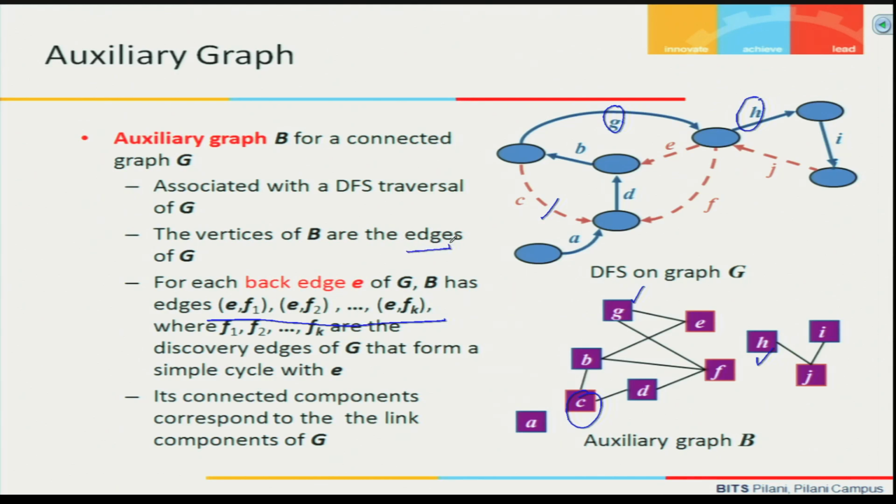Now, for each back edge, you look at all the back edges of your graph. So, in this case the back edges are here, correct. So, the back edges are, let us mark them, E is a back edge, F is a back edge, J, let us not worry about J, and C. So, E, F, C are back edges.